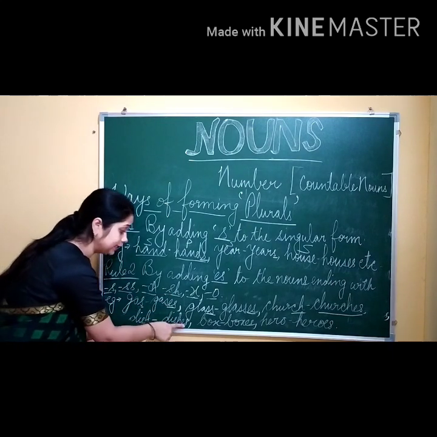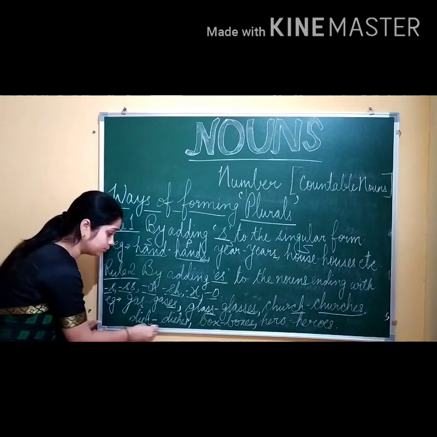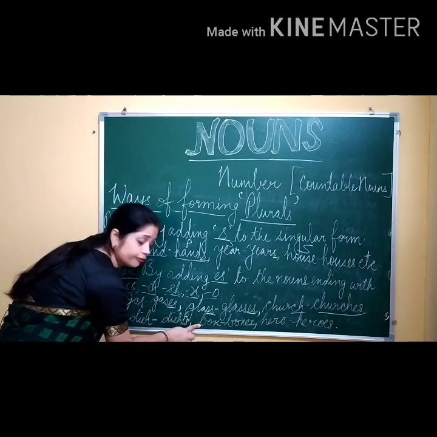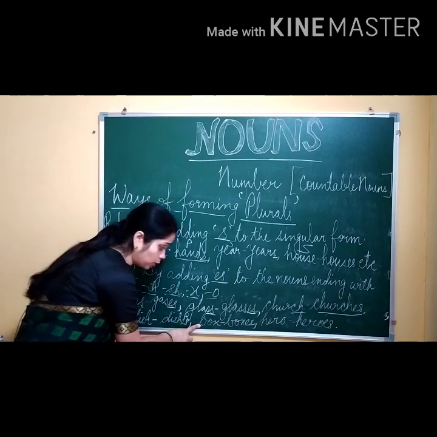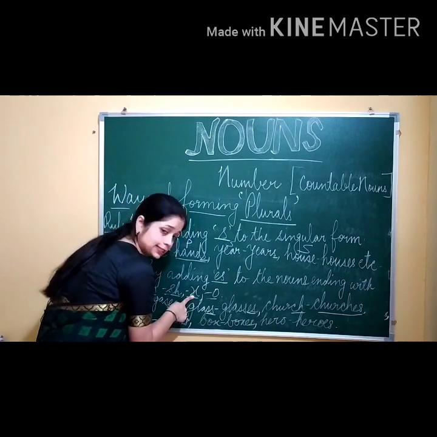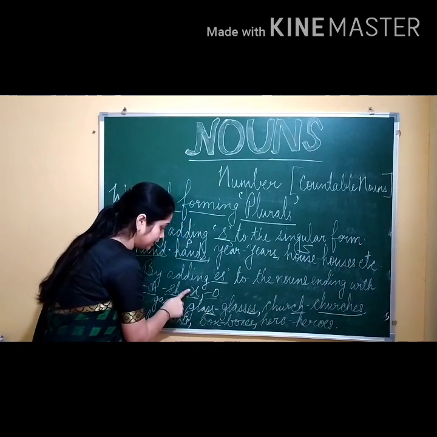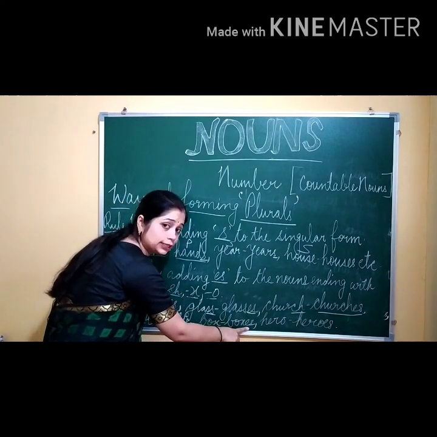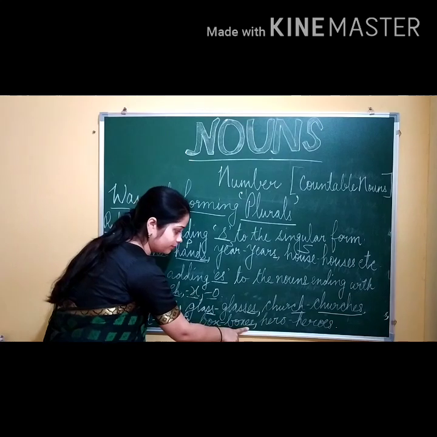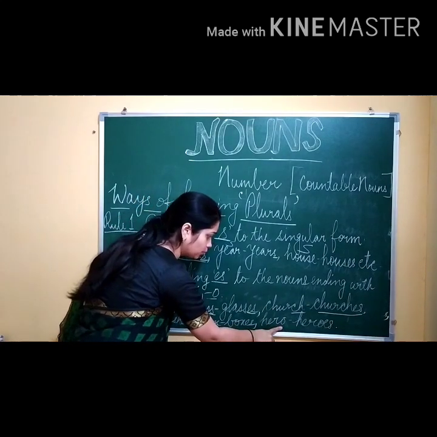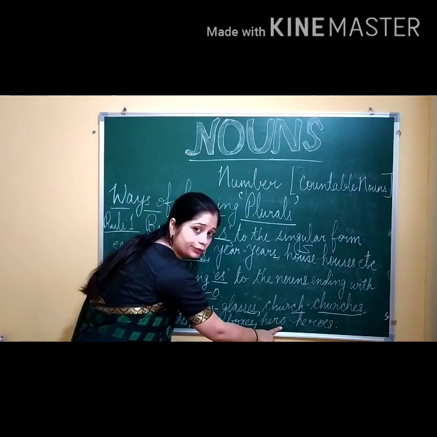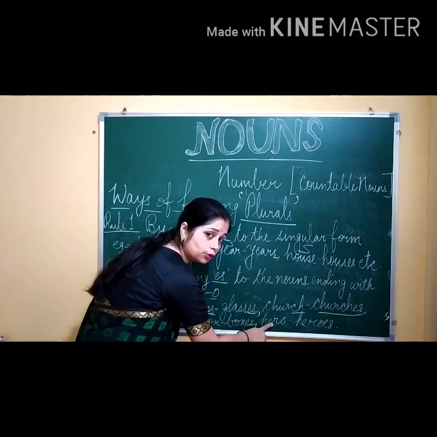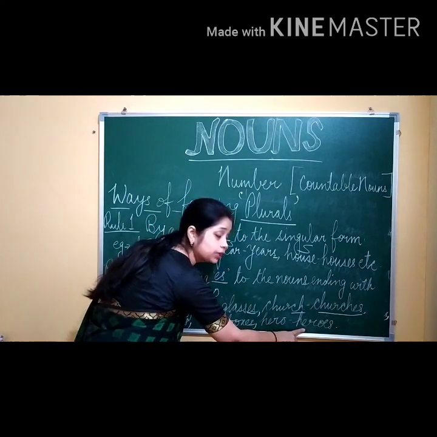We have added es to dish to make it plural. In the same way, box. Box ending with x, we have added es to change its form to plural one. Hero ending with o, what have we done? We have added es to form hero into plural form heroes.